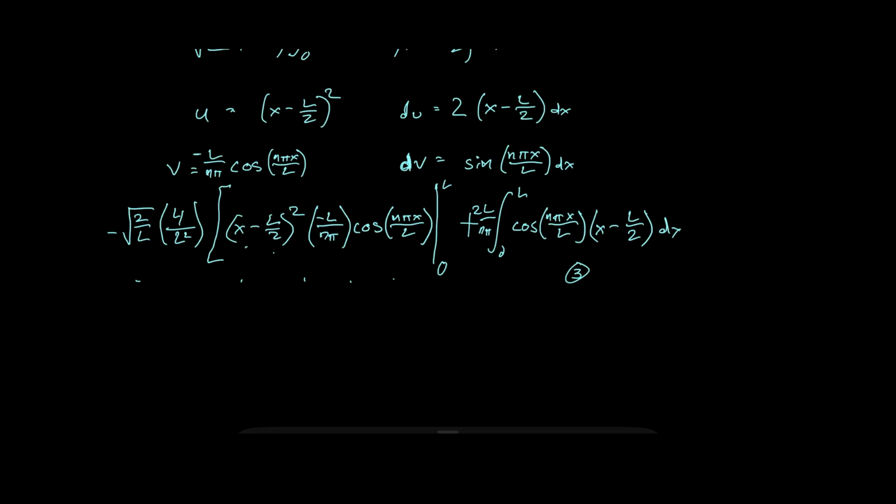So we get L over 2 squared, stuff with cosine, times minus L over n pi times, oops, it's minus 1 to the n minus 1, because we're going to get another L squared over 2 again.